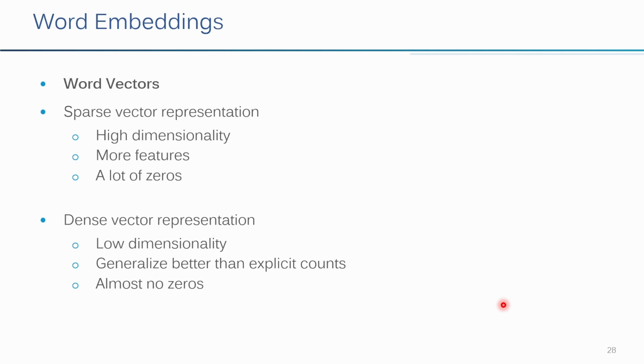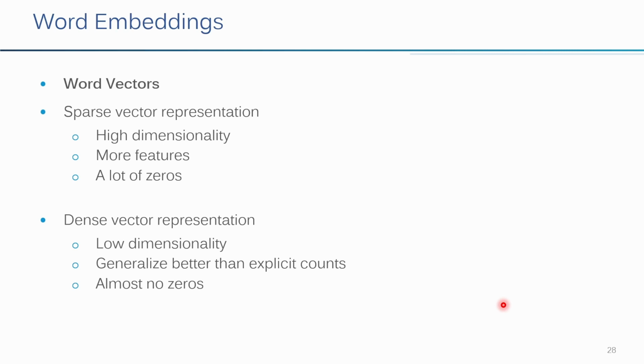The first one is a high-dimensional vector representation. We have more features, and yes, if you don't deal with it, you will have a lot of zeros as well. The dense vector representation is more about low dimensionality. And what is low dimensionality? It depends on the time you're talking about. Between 2013 and 2016 or 17, it was between 50 and 700, 800, or 1,000 dimensions.